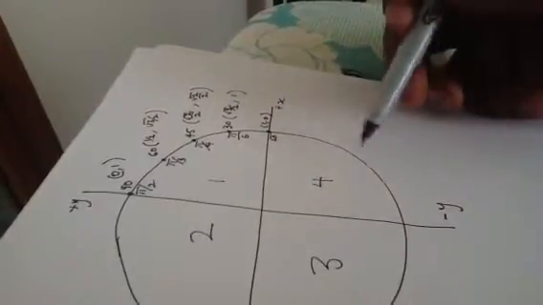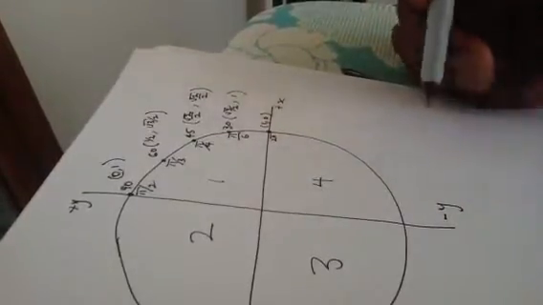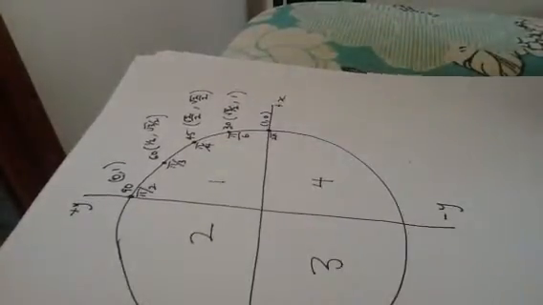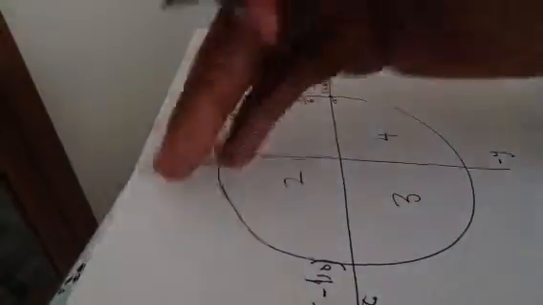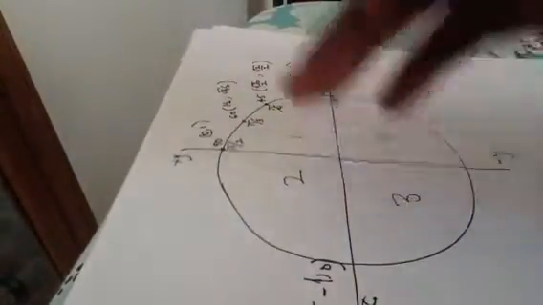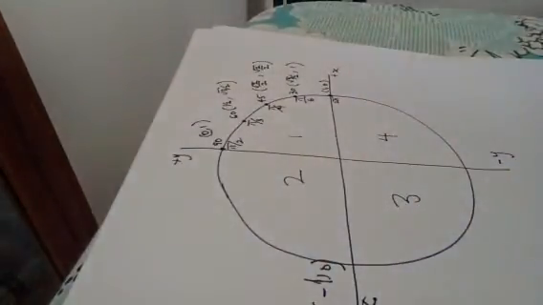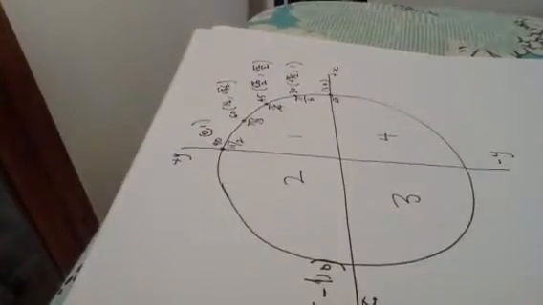So all the x's will be positive and all the y's would be negative. And that's pretty much all you have to do. You don't have to memorize the entire circle. Just know one quadrant, and with that, you could just change the values.